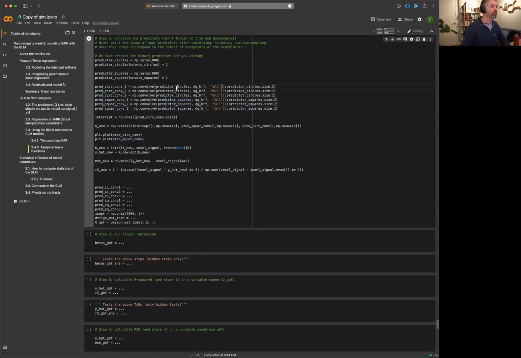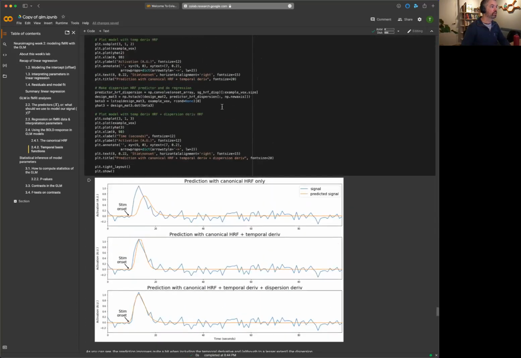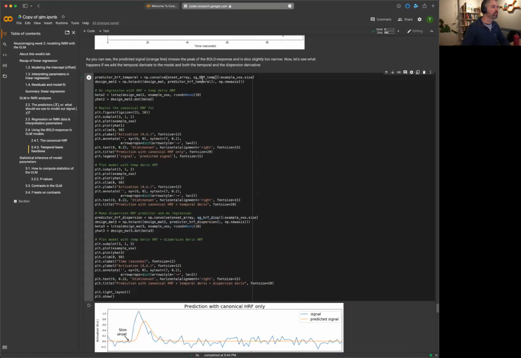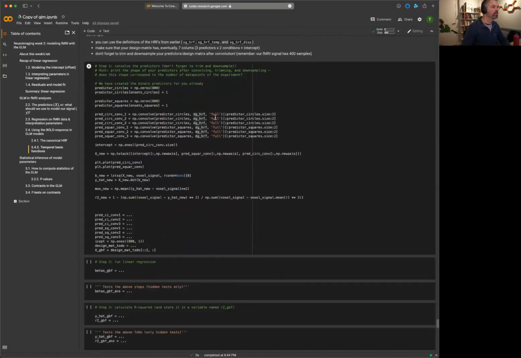The initial predictor is the same, the downsampling is the same, everything is the same. It's just that we're using different HRFs. So this is the dispersion derivative, and we're using SGHRF, so that's not a double gamma, but a single gamma. SGHRF temp, and then an SGHRF dispersion. And so these are going to be the same. Boom. That's all of them.